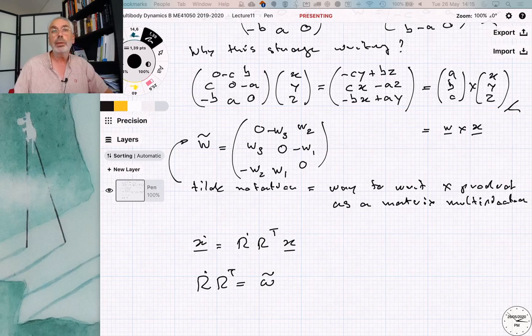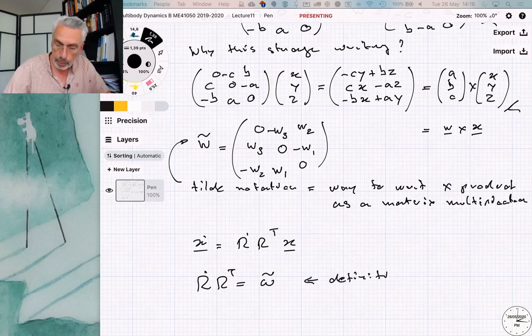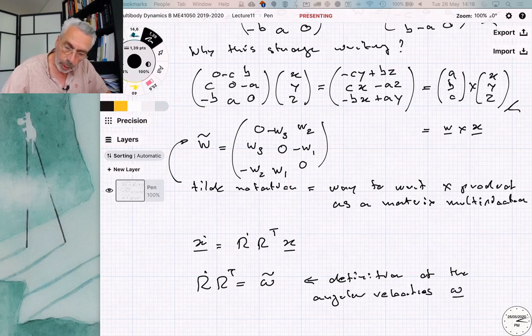So this is actually our definition of the angular velocities. Omega, and omega are then the three components: omega x, omega y, and omega z.